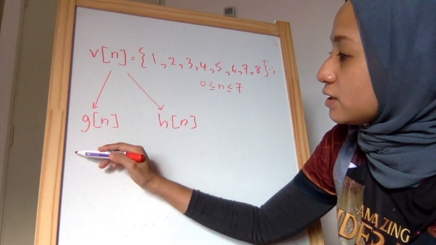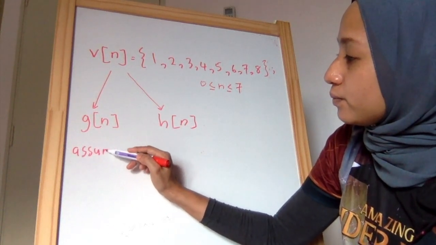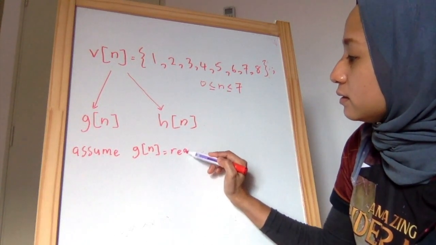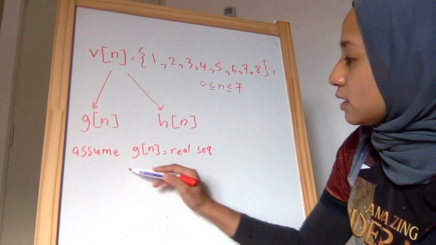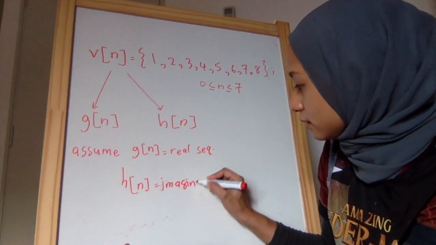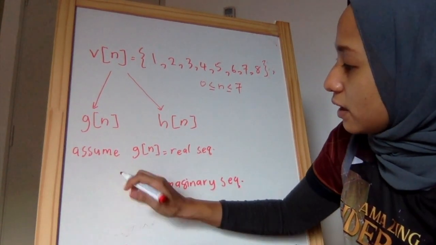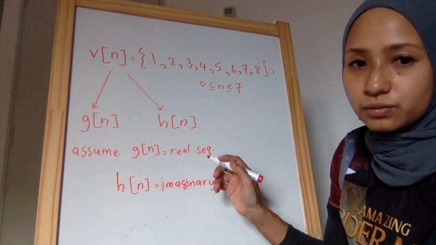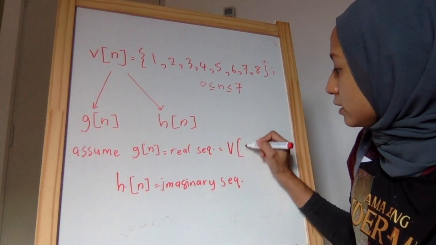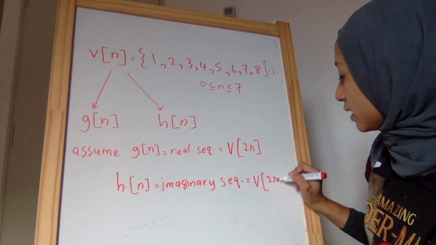We need to assume Gn is a real sequence, Hn is an imaginary sequence. So we assume your Gn is equal to V2n, and Hn is equal to V2n plus 1.